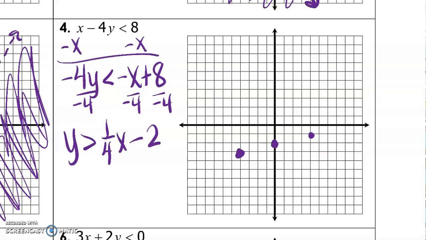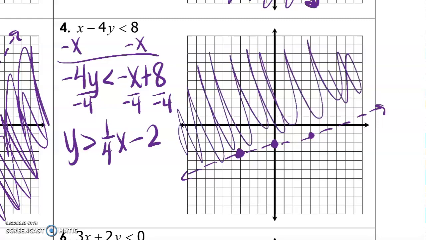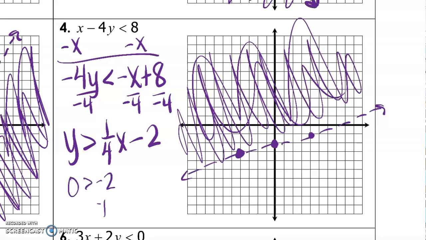This would be a dotted or dashed line. Again, I don't have a ruler, so that makes my lines not look very good. It's a greater than. Again, you have to go by what you solved, so we think we should be above the line. I would check 0, 0. 0 is greater than negative 2. That is true, so I was correct to shade on that side of the line.